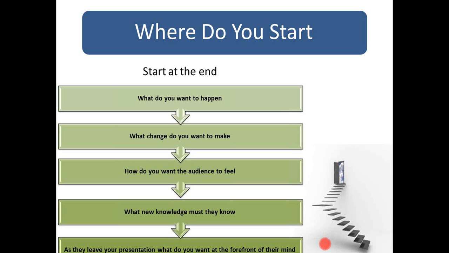It's kind of clarifying what you want the audience to walk away with. So don't worry about starting with the beginning or the middle or the end. Start with what you want the audience to do. That's the clarity of your purpose in delivering this presentation.